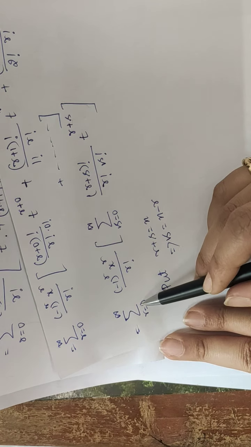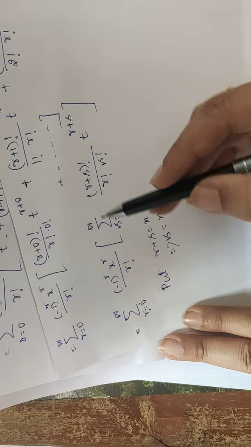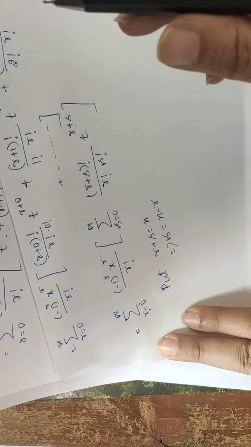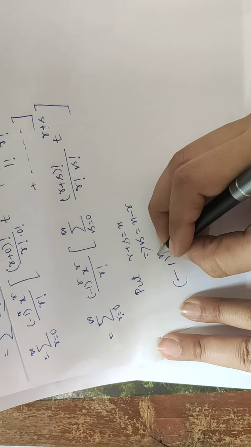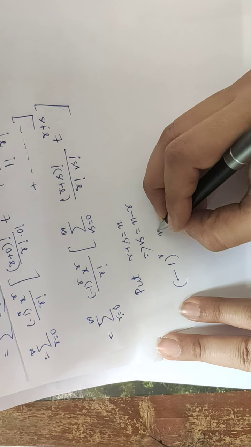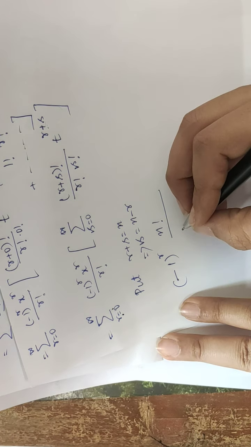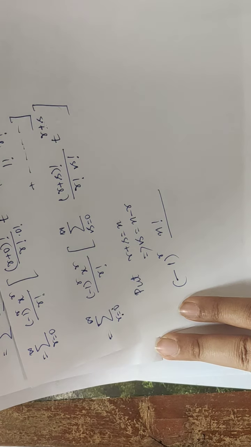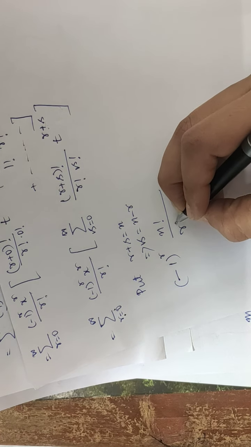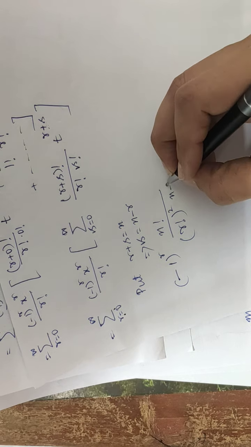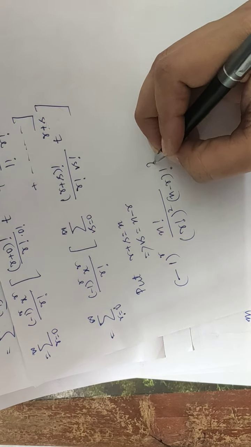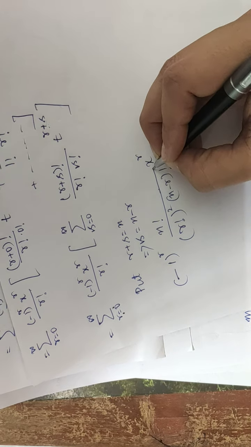So for a fixed value of r, the coefficient of t power n will be minus 1 power r into n factorial by r factorial whole square into n minus r whole factorial into x power r.